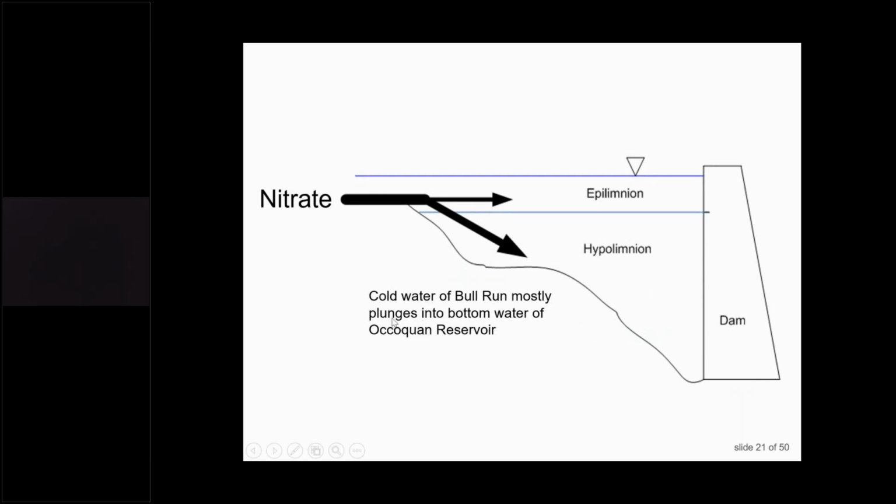One critical component to acknowledge here is by putting it in that tributary, it's added to cool water, and they've done the studies to show most of the water plunges down into that hypolimnion and gets denitrified as it finds its way to the dam. So this is an important part of getting the nitrate to the environment you want it in, where it's going to disappear from the environment.